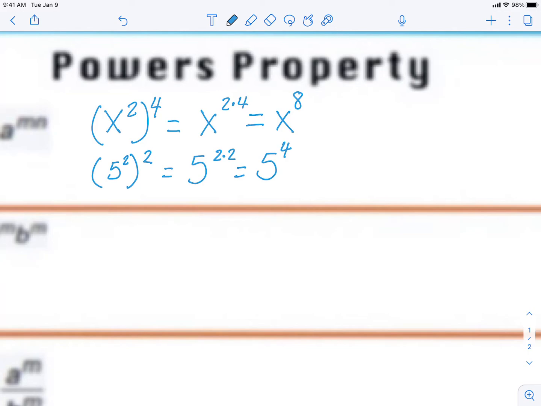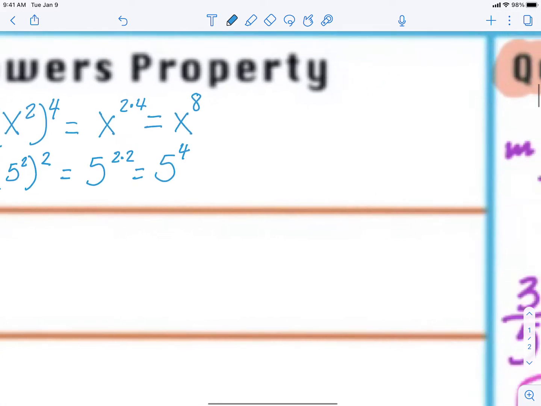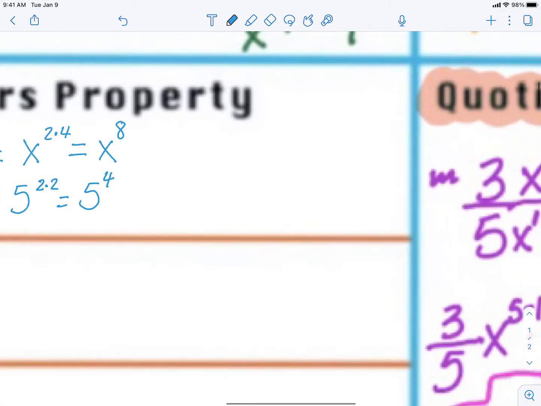One more: we have m, m for Martinez, to the power of 1, to the power of 13.